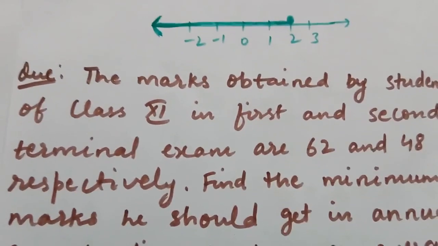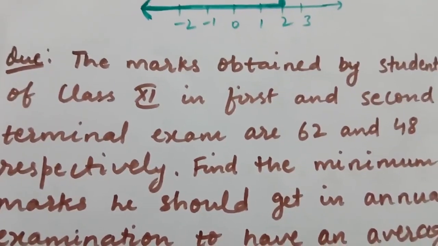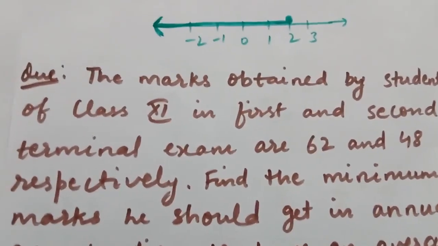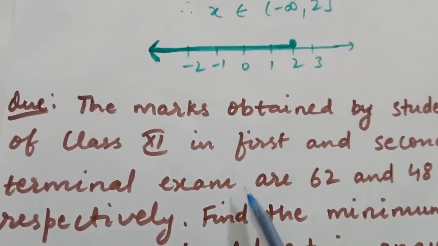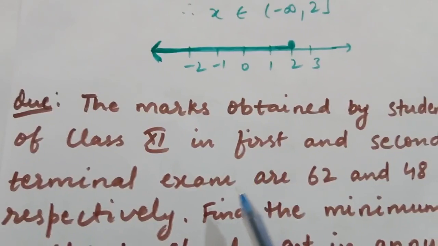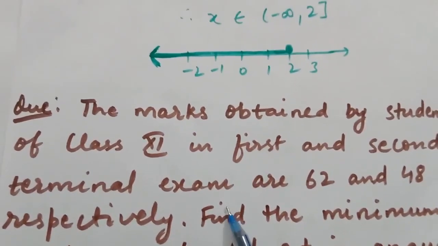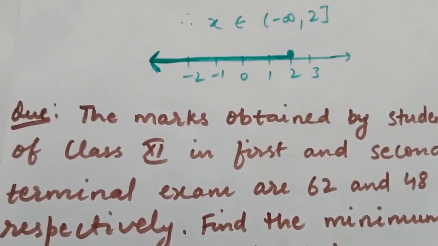Now there are some questions in which, instead of the inequality, they have given statements in the question. You have to make the inequality by reading the question and then solve the inequality to get the answer.